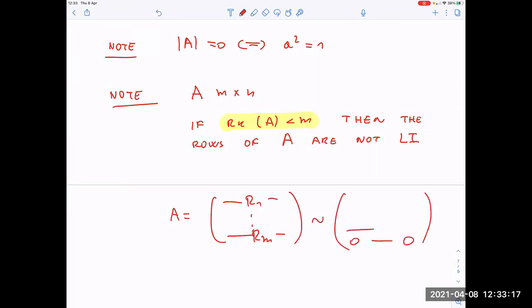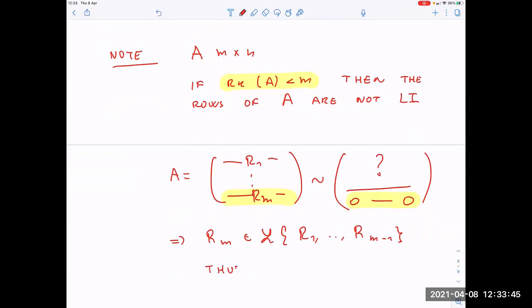I don't know what is on the top, but there is a 0 row. Having a 0 row means that, for example, row M is a linear combination of the previous rows. So this is telling me that Rm belongs to the linear span of R1, ..., Rm minus 1.